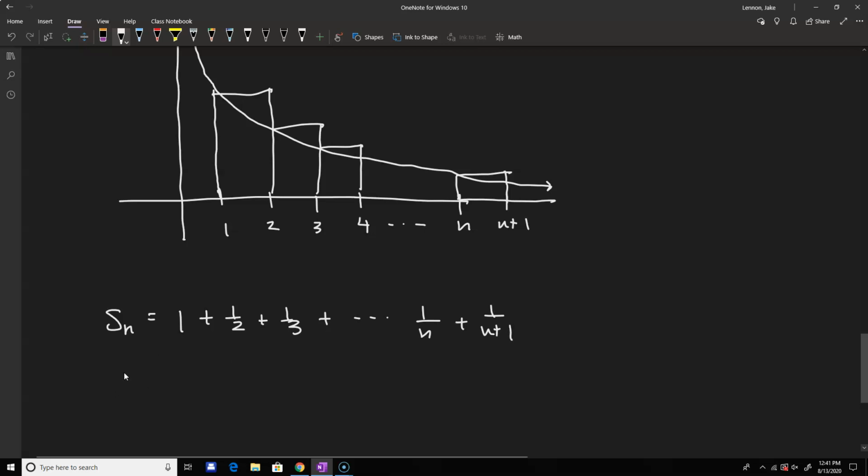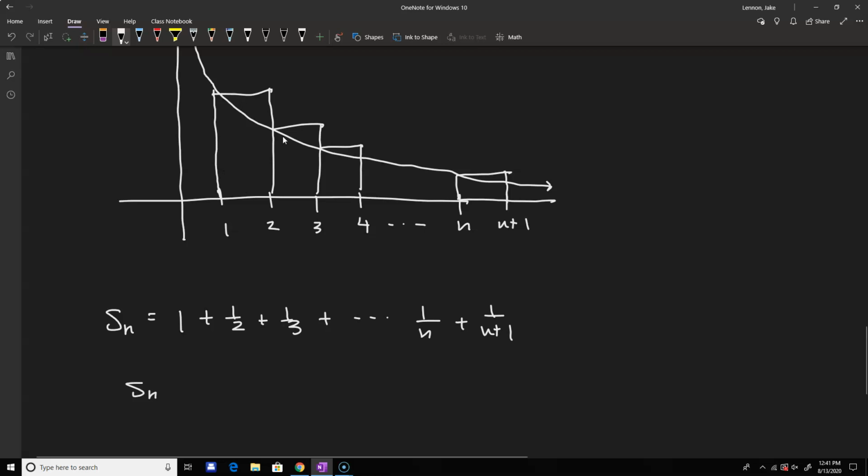If I called the terms a sub n's, then it would be the sum of the a sub n's, but S already stands for the partial sum. This thing is in fact greater than the integral, right? If we looked at the integral, the area below the curve from 1 all the way up to, say, n plus 1, we would get the area below the curve.